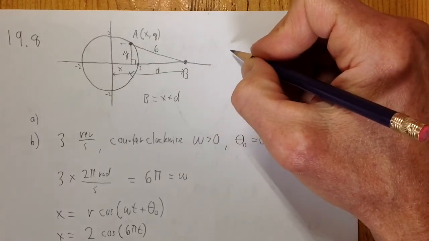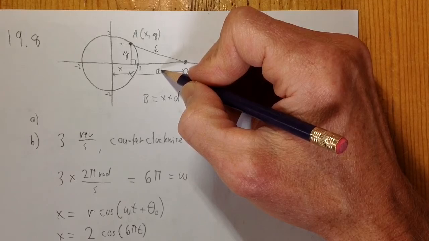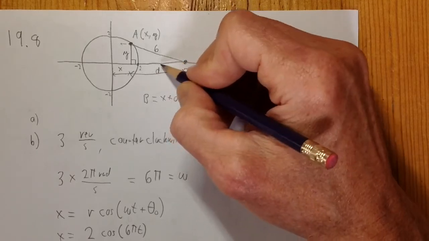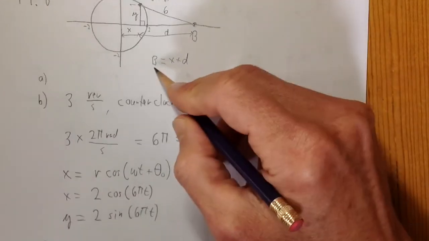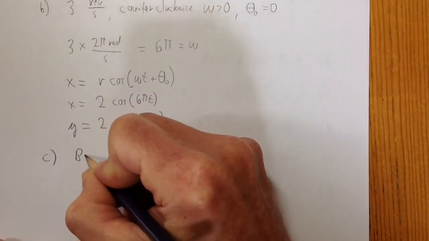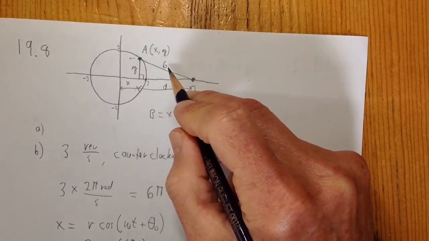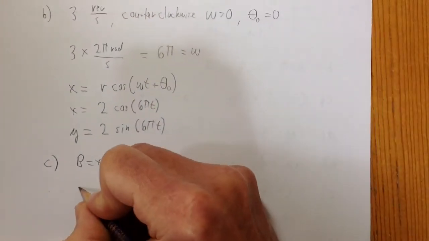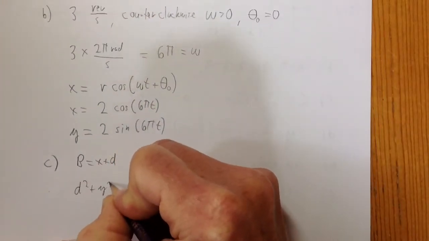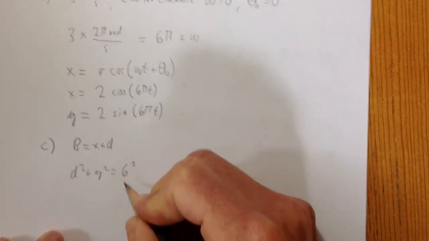Okay, so we just got to use the Pythagorean theorem to figure out what d is, and then we know what b is because b is x plus d. So I'm going to write all this down here. So b is x plus d, and from up here we know d squared plus y squared is 6 squared, Pythagorean theorem, which of course is 36.